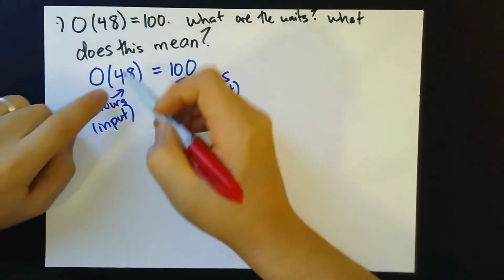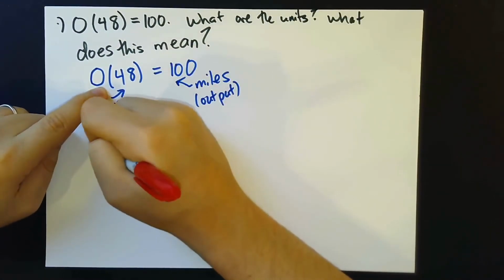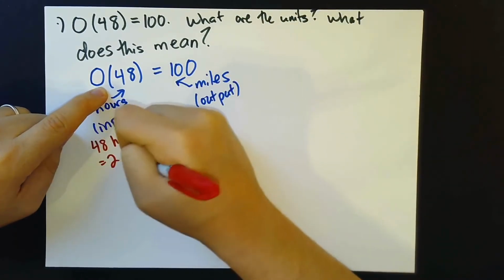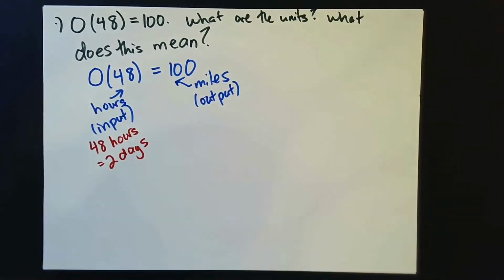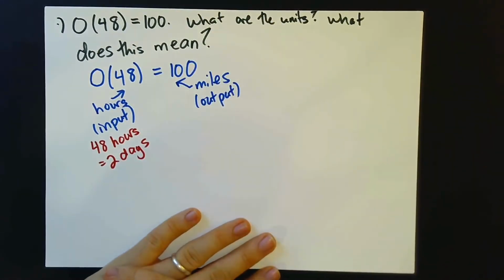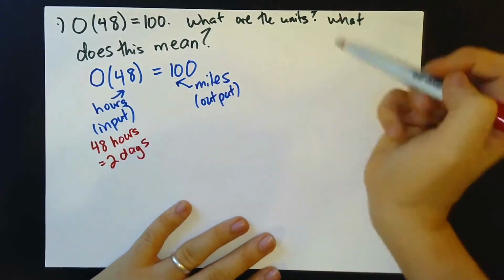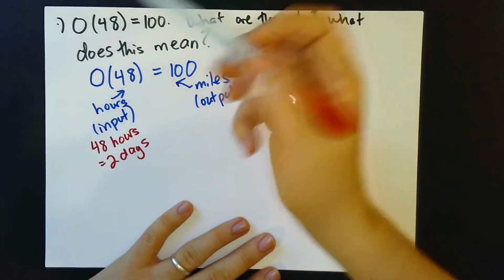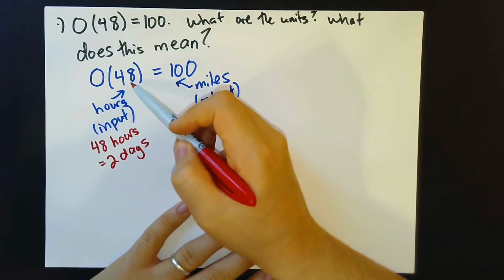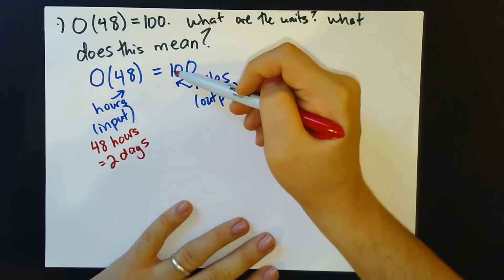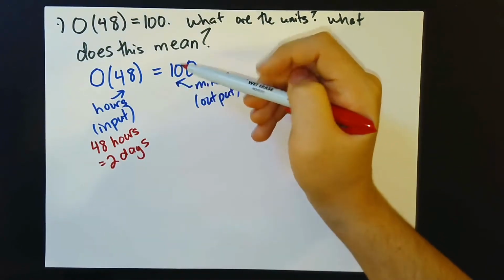So when we see this 48 hours, it's worth keeping in mind that this 48 hours is the same thing as 2 days. So we've got all of these things labeled here. Now let's think, what does this mean? Well, this function is telling me if I go some amount into the trip, so 48 hours in this case, or 2 days, how far I've traveled. And so this is 100 miles. That's telling me that that's what happened.